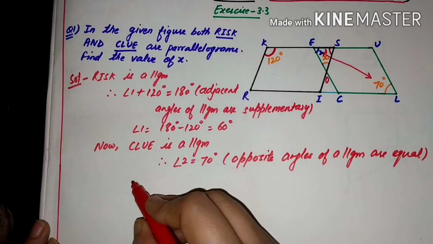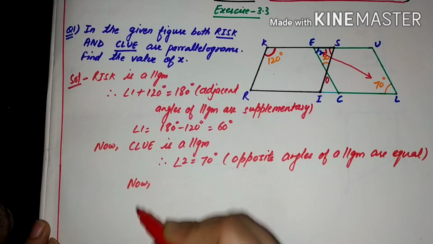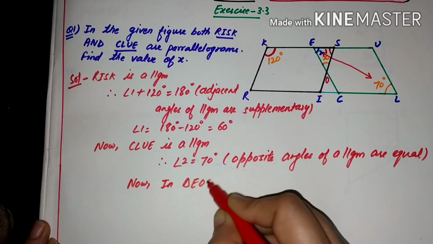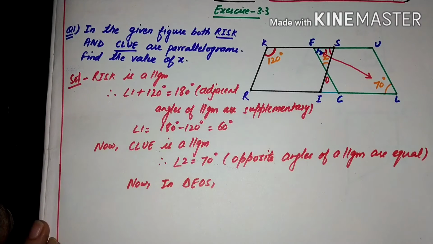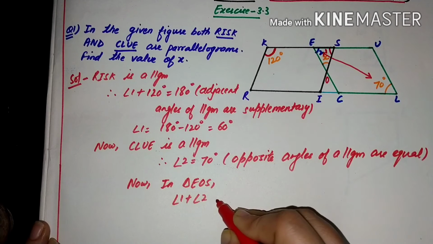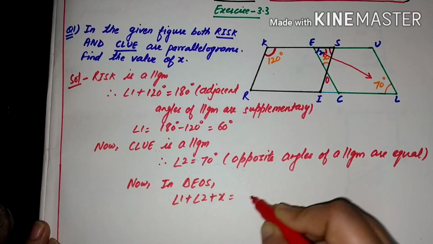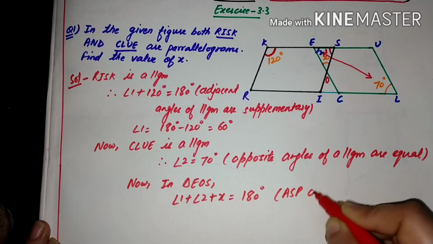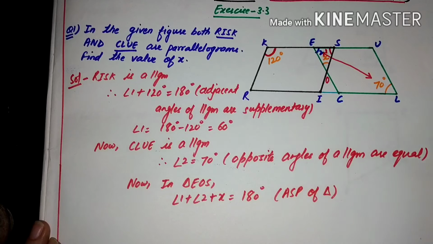Now in triangle EOS, we will apply the angle sum property. Angle 1 plus angle 2 plus x should be equal to 180 degree using ASP of the triangle.